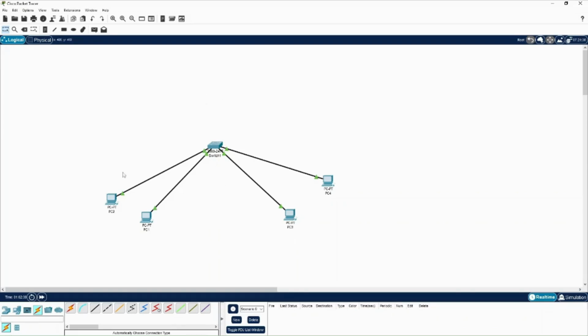If there's no router here, PC1 and PC2 will not be able to speak to PC3 and PC4, but PC1 and PC2 will be able to communicate because they're on the same VLAN already. So let's go back over here.